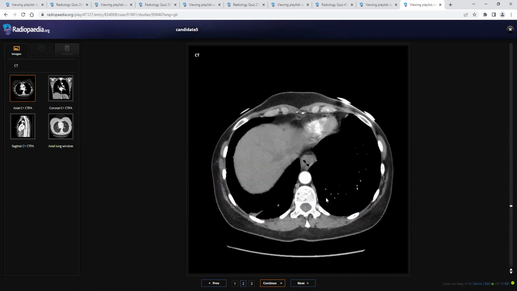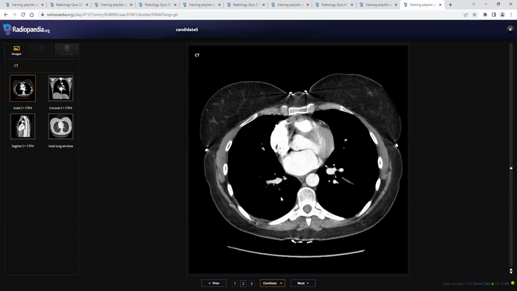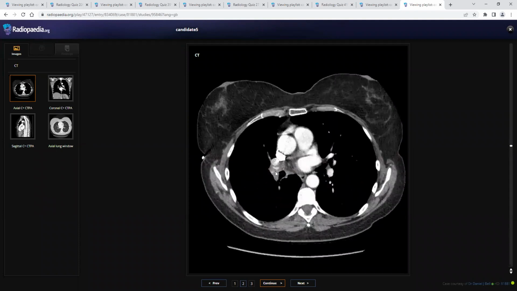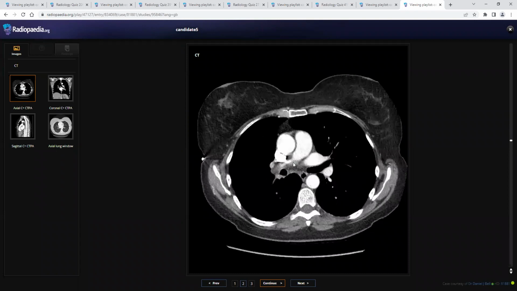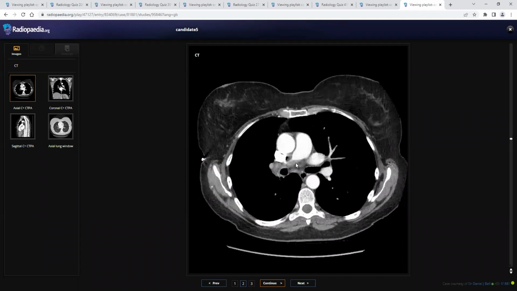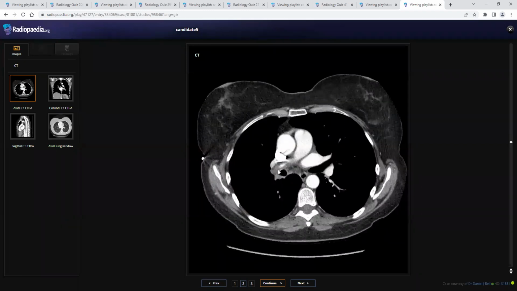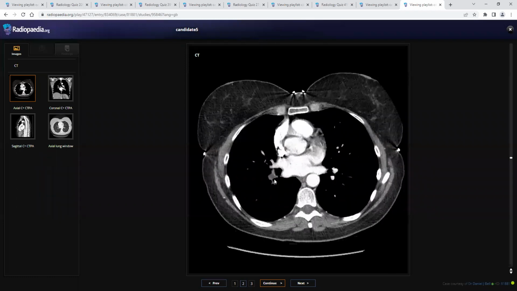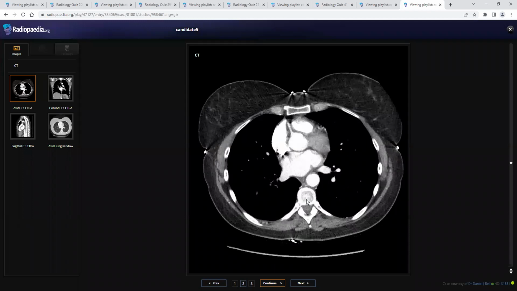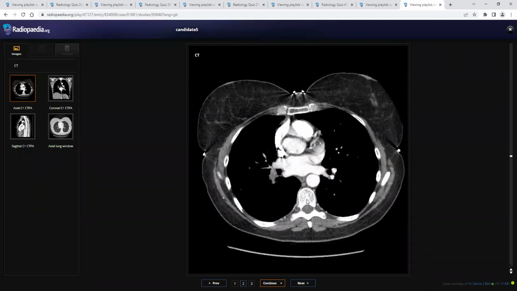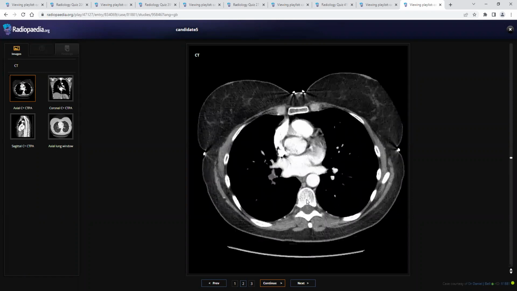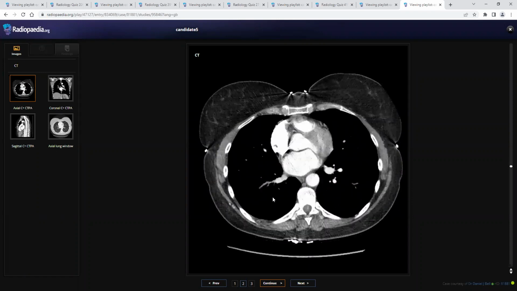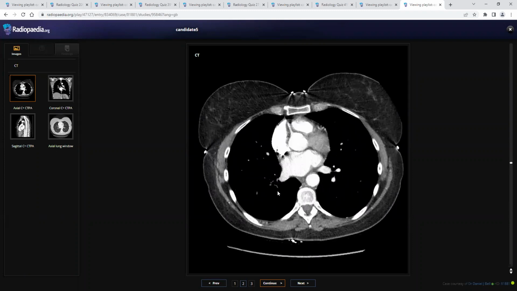At first glance, I can see that there is soft tissue which is causing narrowing of the right main pulmonary trunk and at the hilum as well. It does not appear to be tracking along the other vasculature.